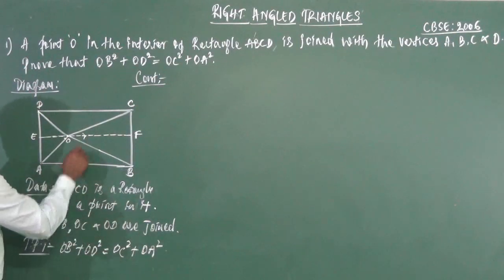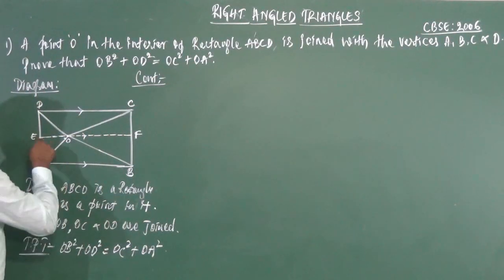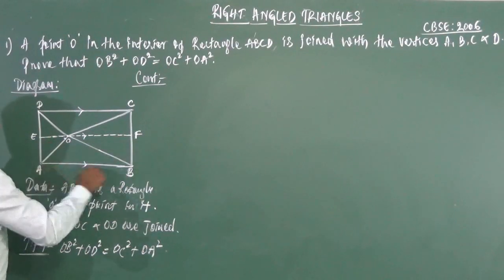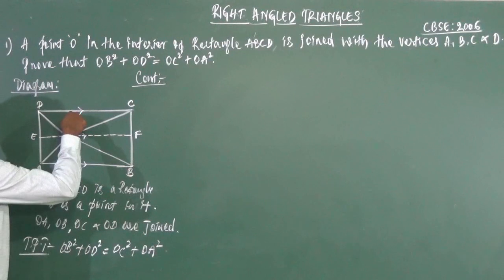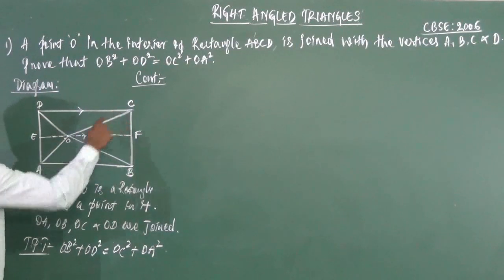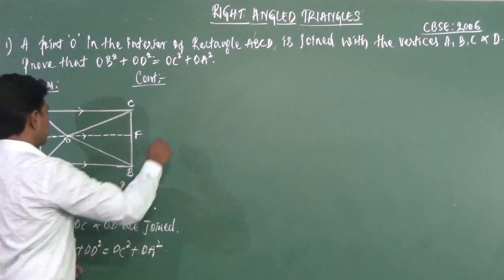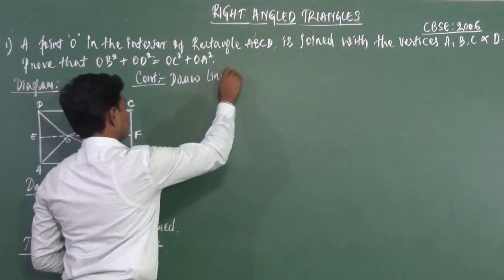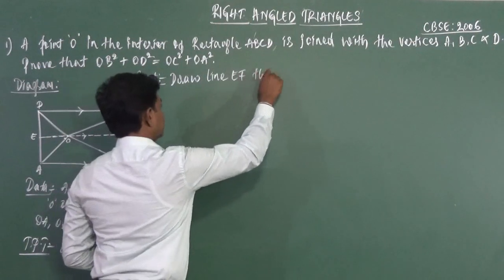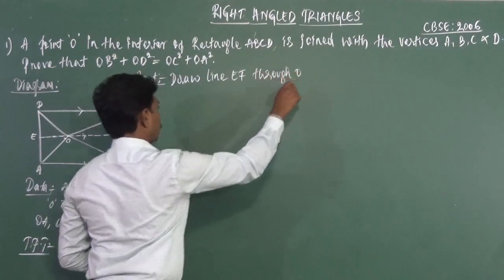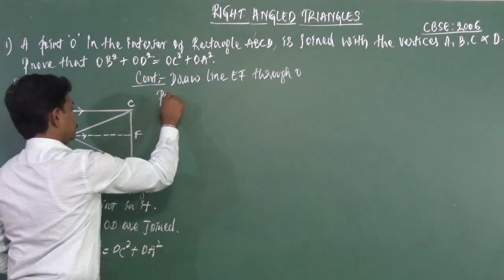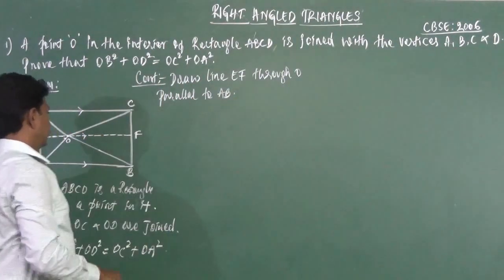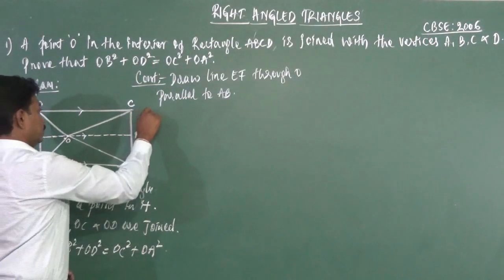Because AB is already parallel to CD, and now we are drawing EF parallel to AB, therefore EF will also be parallel to CD. So it's a very simple logic. So draw line EF through O parallel to AB. Right. So let us get into the proof.